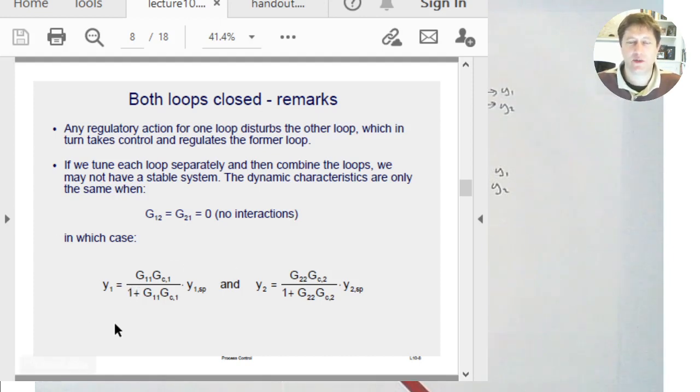And so effectively then we just have two parallel single input, single output processes. So of course that's the simplest scenario, that if we happen to have those characteristics for our system, or at least if we can approximate that that's what we have, then that makes the control problem simpler, and we can apply what we already know without having to think about the interactions.